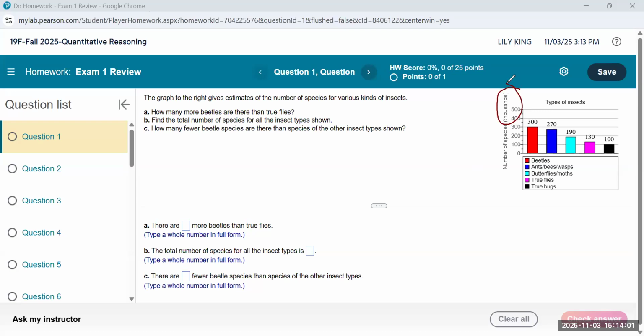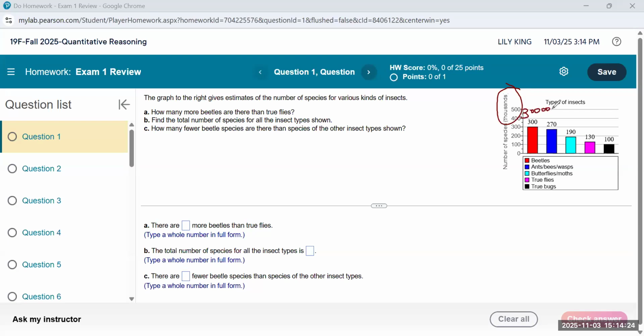So what this means is that all of these numbers have 3 zeros on them. So this is 300,000. This is 270,000. So all these have 3 zeros.